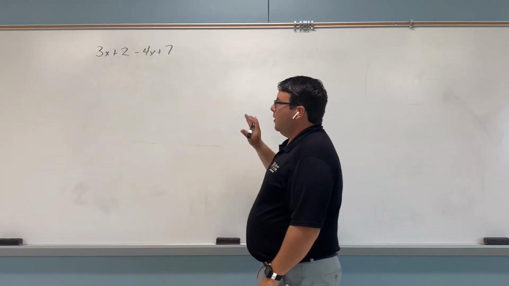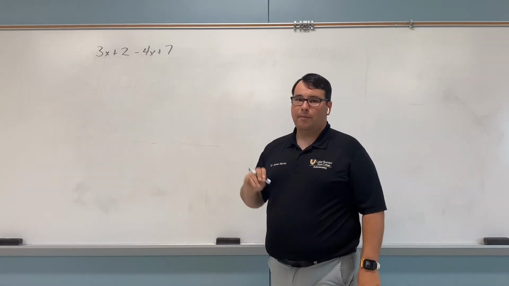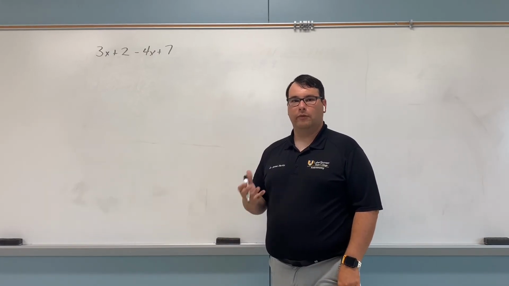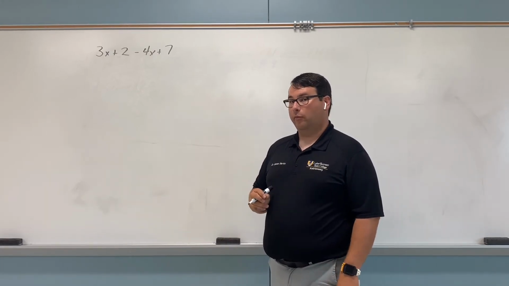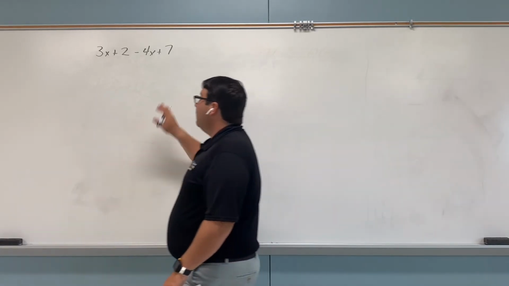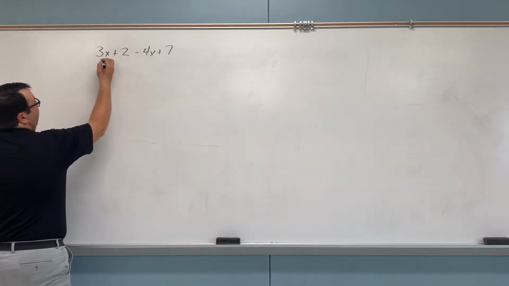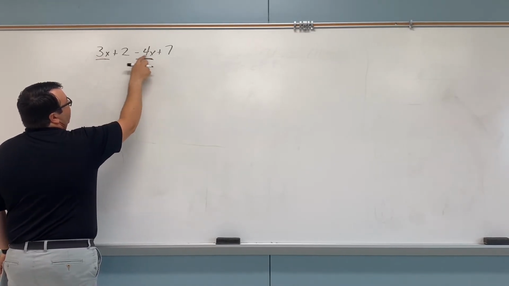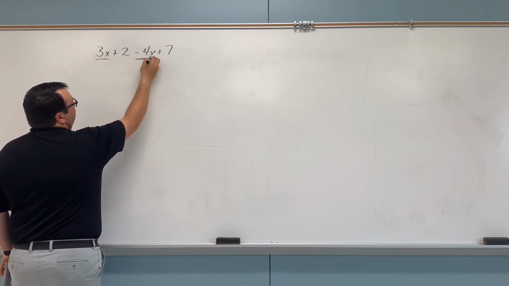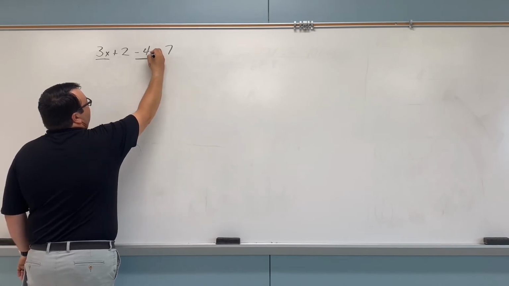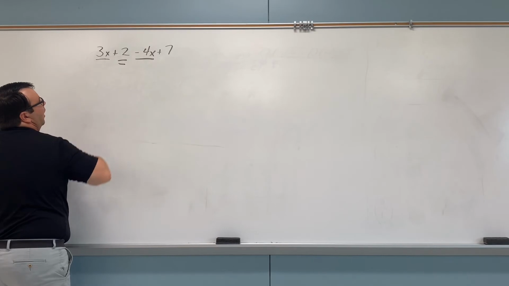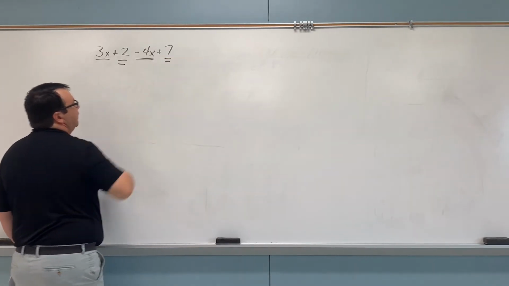What you're looking at here is you would have to combine your like terms. And so it helps to identify where those like terms are and what those like terms are. So in this example, it's pretty easy. I can see that I have a 3x and I have a negative 4x. This is a minus 4x, so that sign carries with it. That is an x, just to be very clear. And then I have a positive 2 and a positive 7.